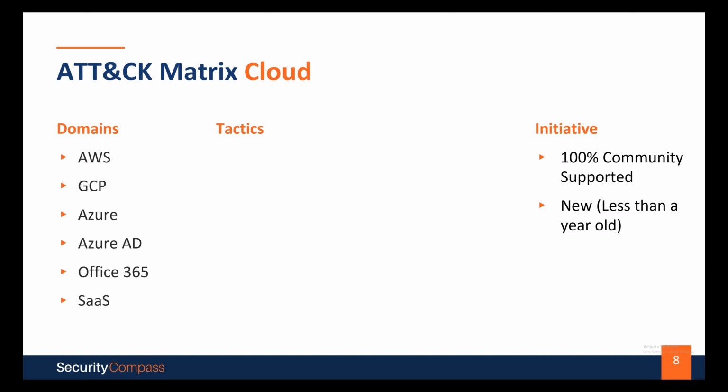The tactics associated with the cloud matrix range from 6 to 10 based on the domain. So there would be a different number of tactics for AWS versus an Office 365 scenario. Techniques to this date are 43.